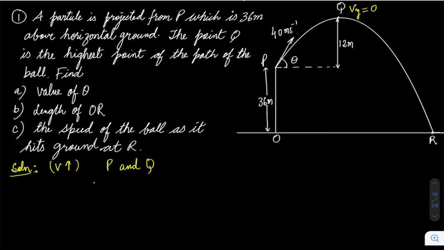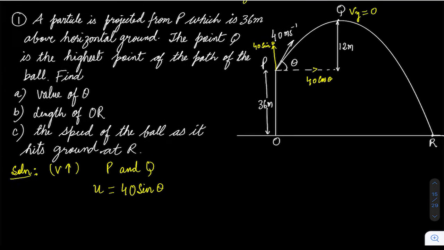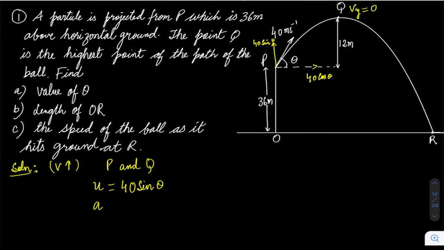My initial velocity is 40 sine theta, that is my vertical direction velocity. 40 cos theta is horizontal. Acceleration in vertical direction is minus g, that is minus 9.8.